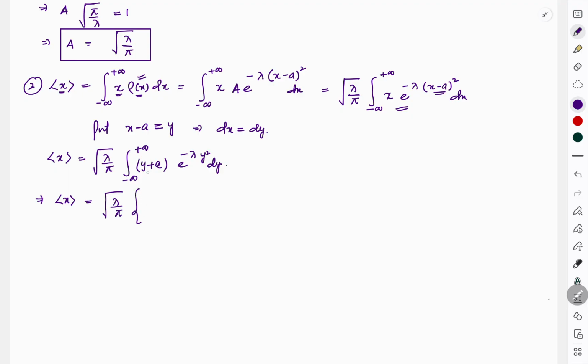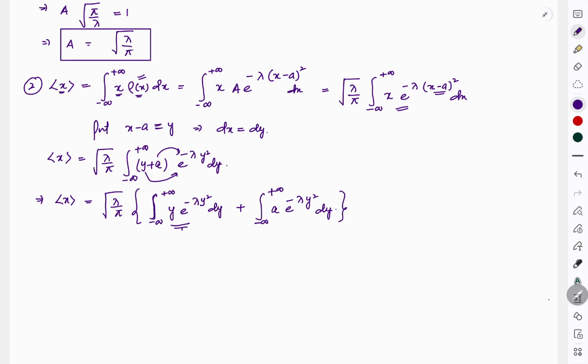Now we have two integrals, one with this thing and another with this thing. Don't worry, everything will be solvable by using that Gaussian integral. The integral from minus infinity to plus infinity of y e power minus lambda y square dy, plus the integral from minus infinity to plus infinity of a e power minus lambda y square dy.